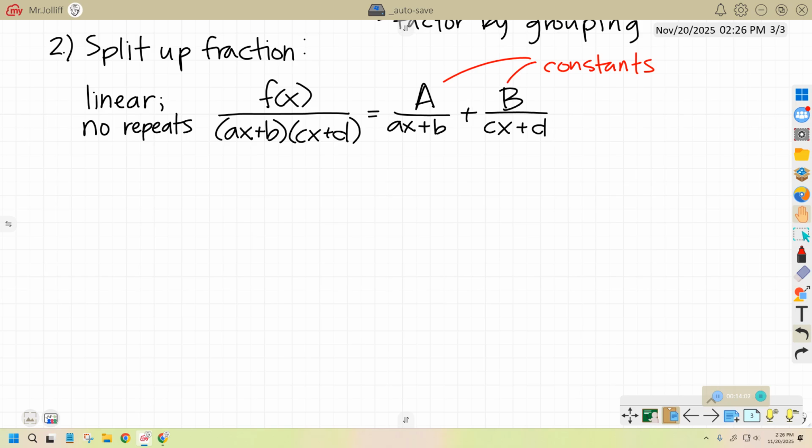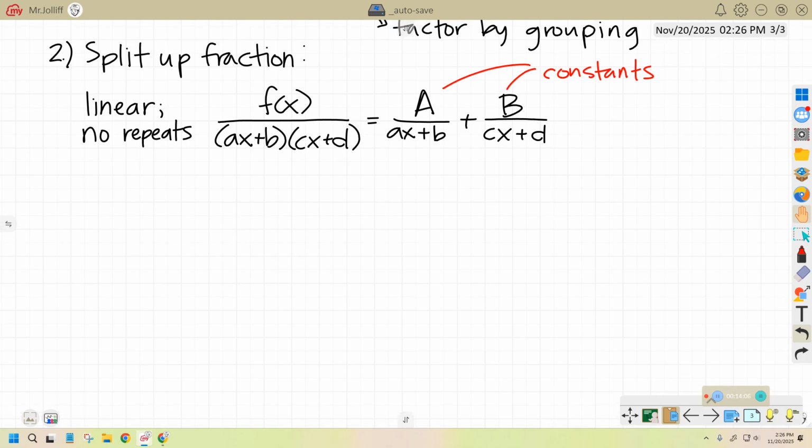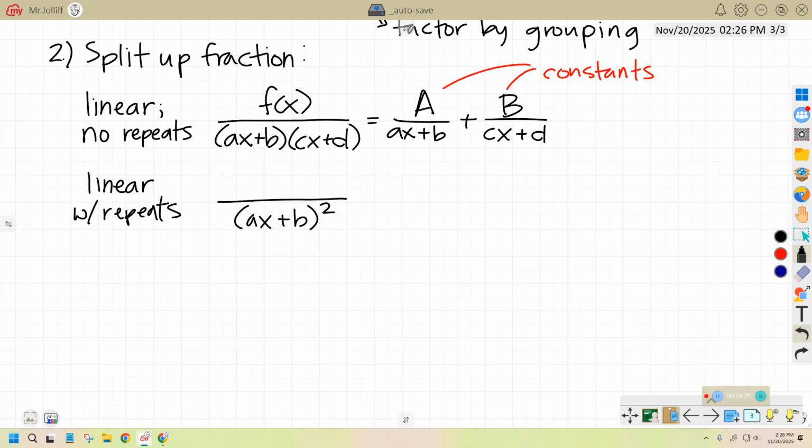Okay, next one is linear, but I do have repeats. Ax plus b squared, or cubed, or to the 4th, or to the 100th.